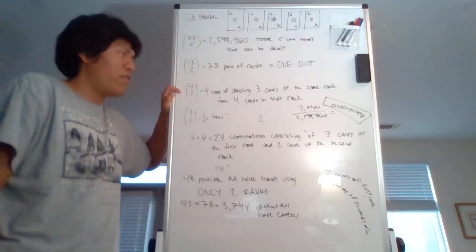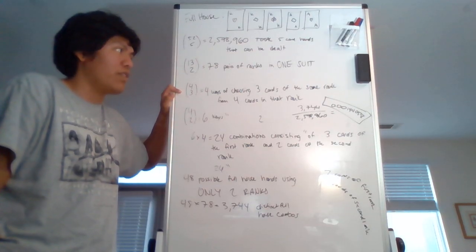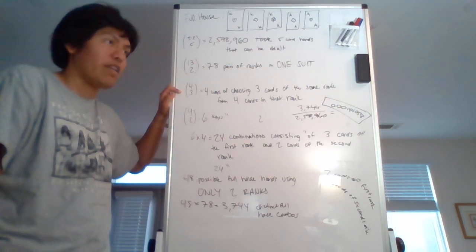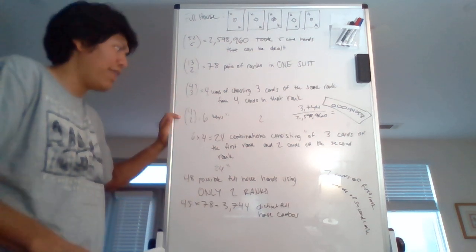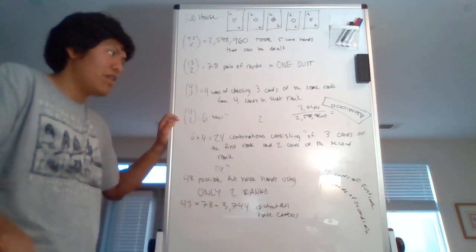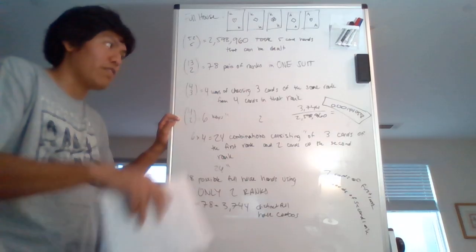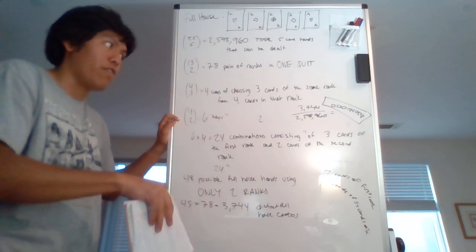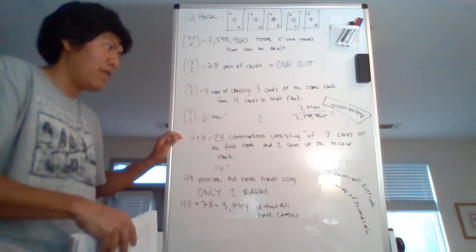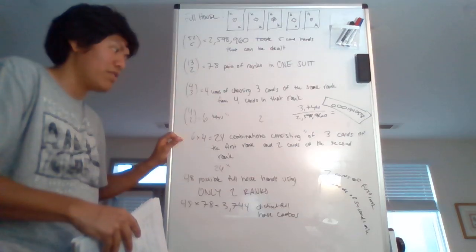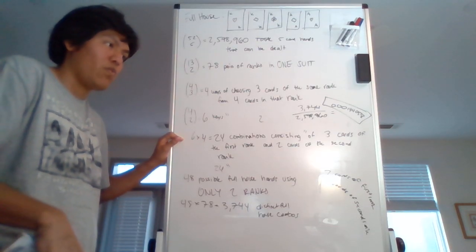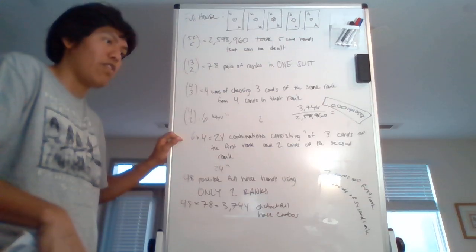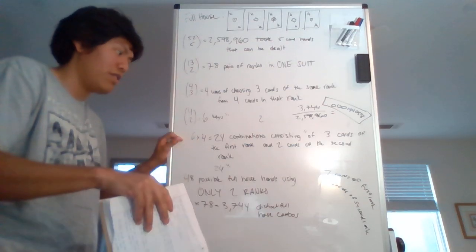Then we found how many ways there were of choosing 3 cards of the same rank if we had all 4 in front of us. Then we found how many ways we can choose 2 cards of a different rank if we had all 4 in front of us. Then we multiplied these 2 numbers, and that let us know how many combinations we could make if we choose 3 cards of one rank and 2 of the other.